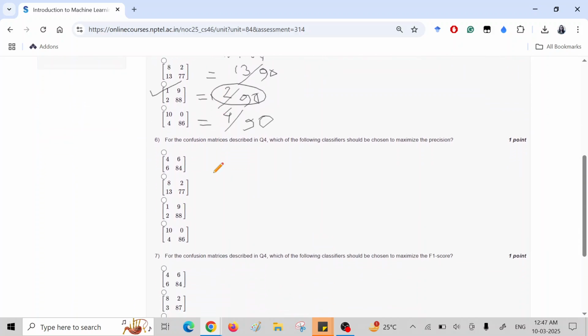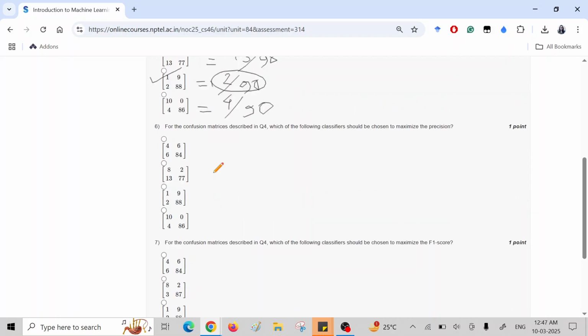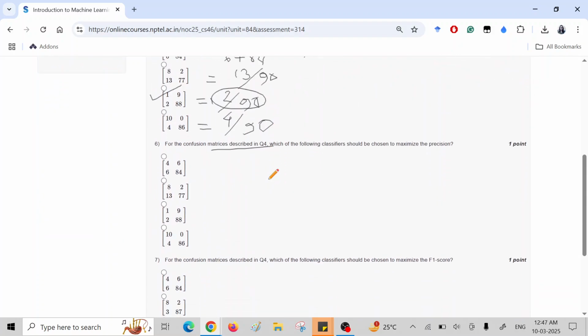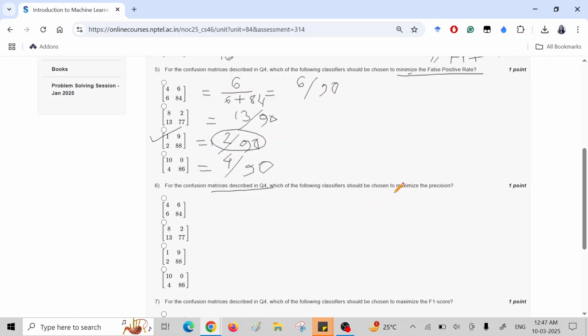Then again moving forward, for the same confusion matrix, the question is which of the following classifiers should be chosen to maximize the precision. Now we need to understand the definition of precision. What is the definition of precision?